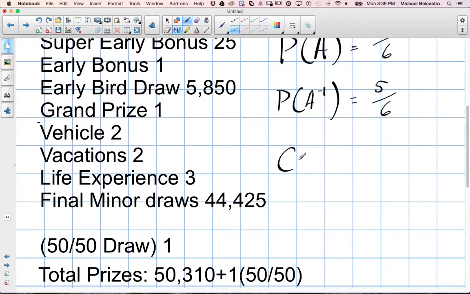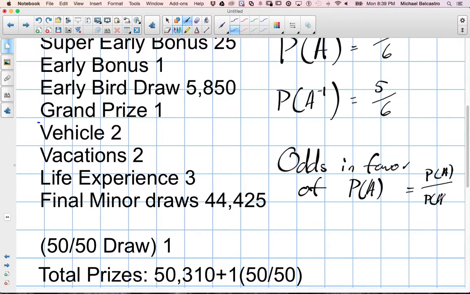Well, the odds, and they talk about in favor or against. The odds in favor of A is a fraction: the probability of A divided by the probability of event A not happening.